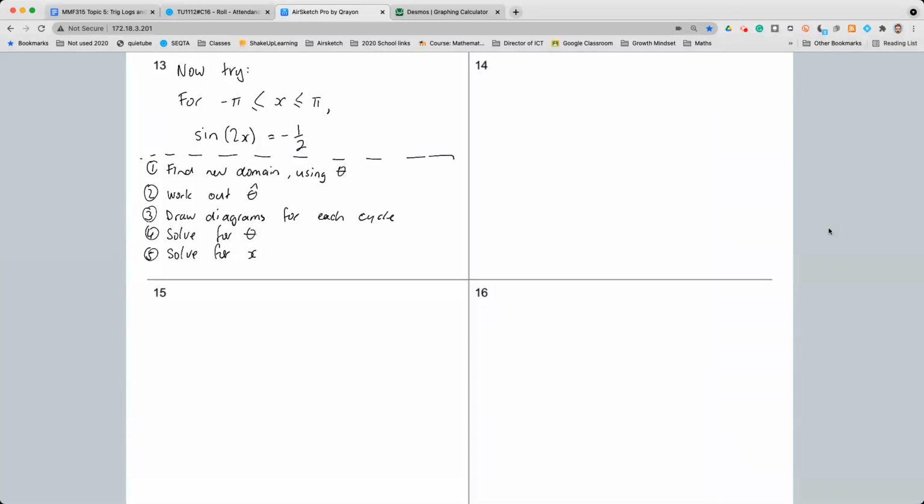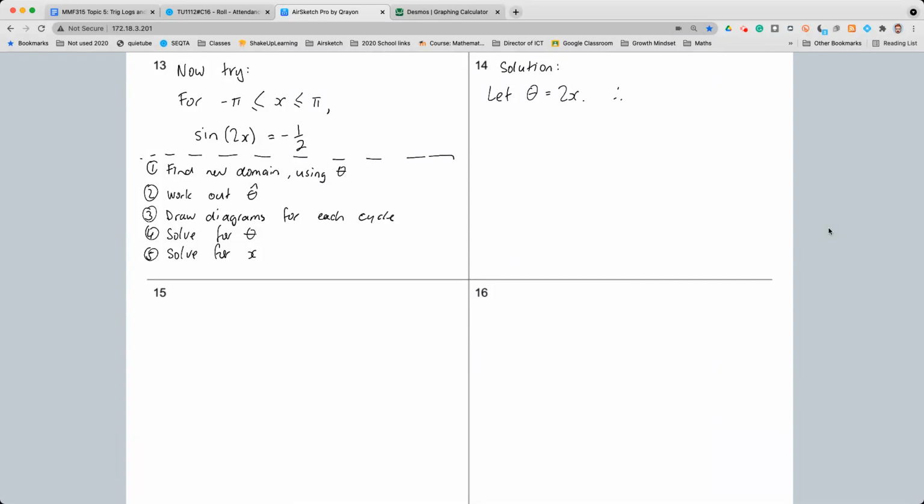Okay, so 1, 2, and 3 to start with. Now, again, what makes this tricky is that I've got negative angles to deal with as well as positive angles. But I do want to point out that the process is pretty much the same. The first thing we do is find the new domain using theta. So the solution: we let theta equal 2x.